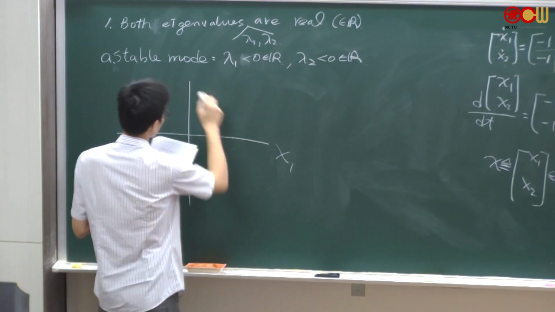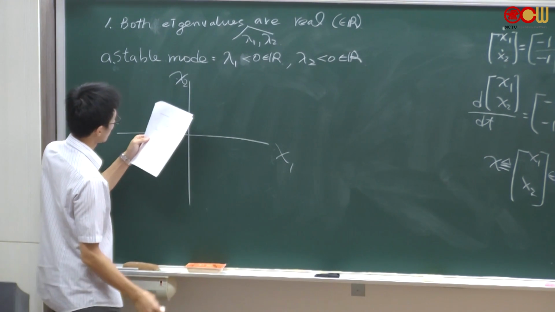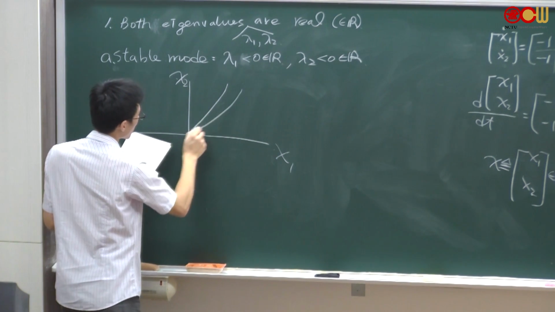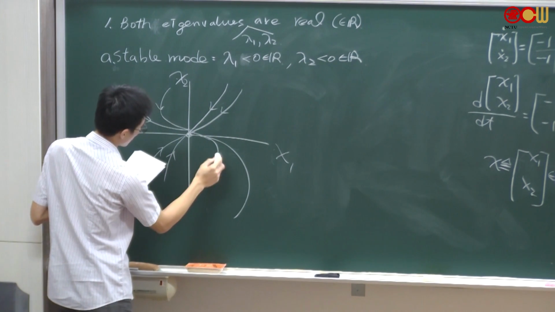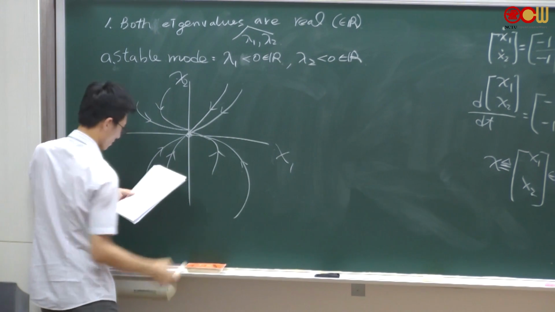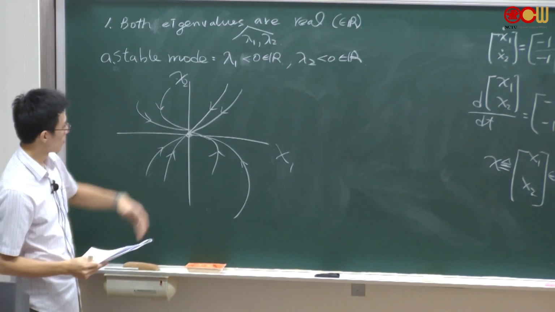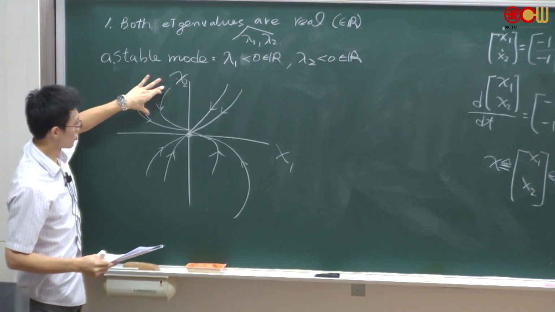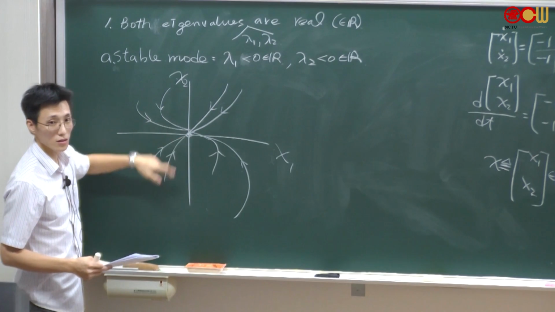And the phase portrait is a stable mode, and it will be something like this. Just one of the examples. It's a stable mode because the vector field is very consistent, right? It's trying to drive every point in the phase portrait to the origin.